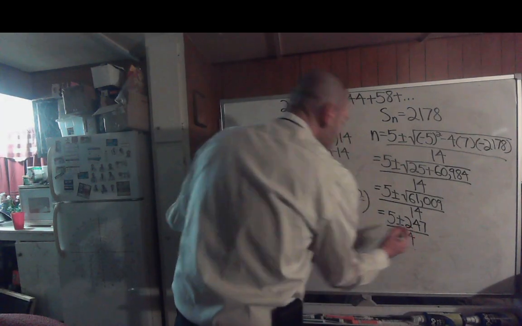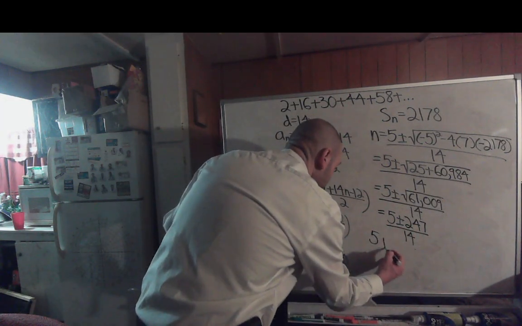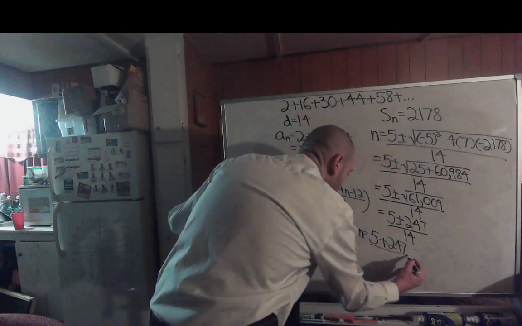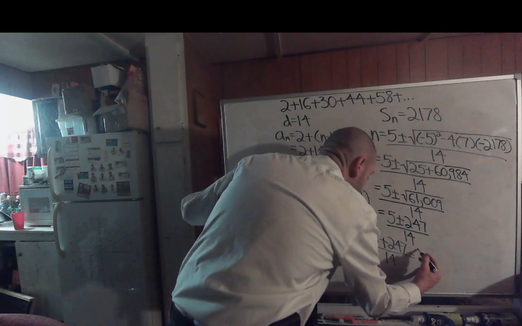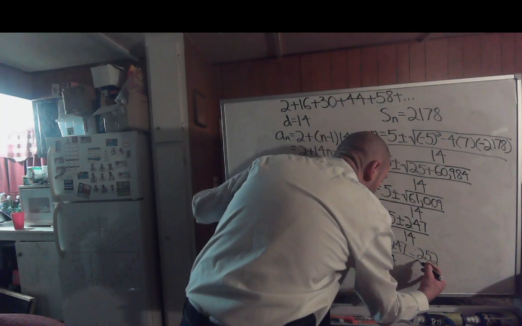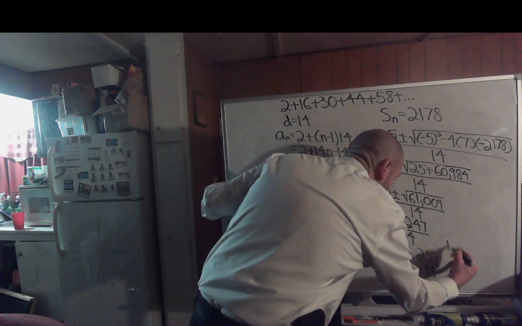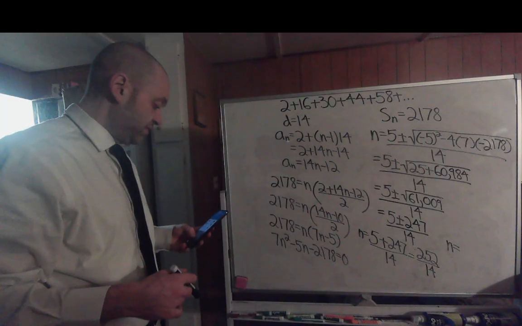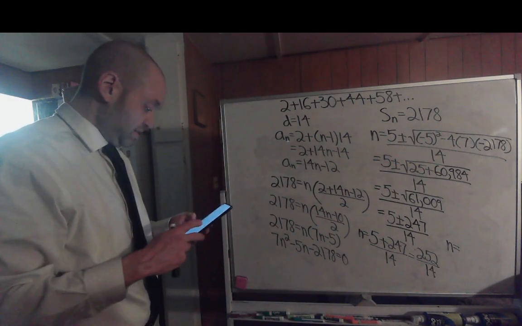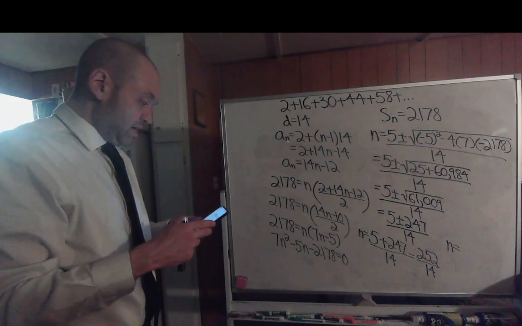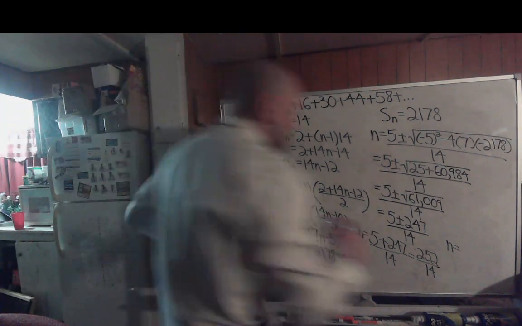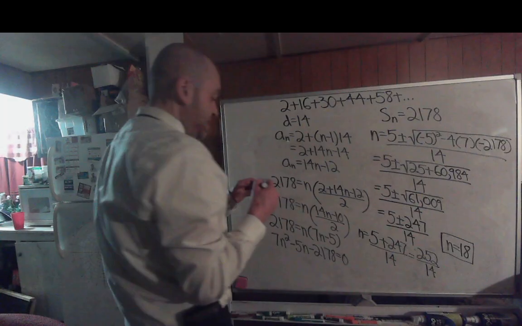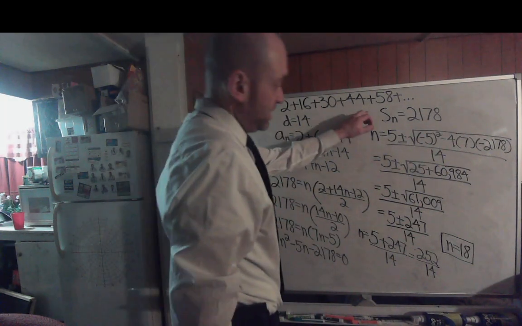So you got to do 5 plus 247 over 14, which would actually give you 252 divided by 14. So once we got that, we have the term number that we need. So let's take 252 divided by 14. That's going to be 18. So n equals 18, meaning that the sum of the first 18 terms of this series equals 2,178.